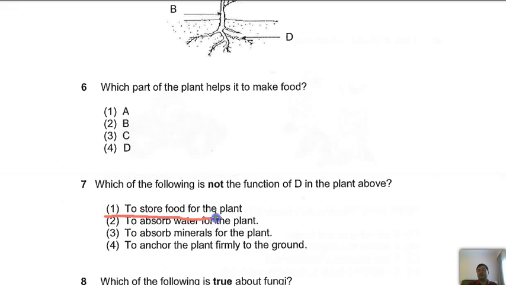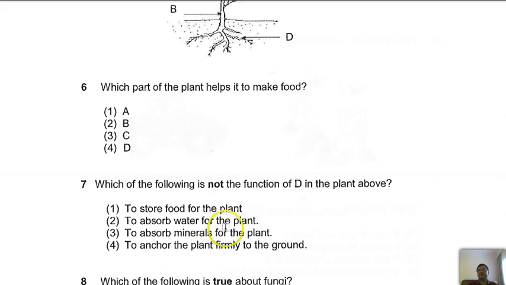Although some plants do store food, it is not the main function of roots. Remember, these three are the main functions of roots: absorb water, absorb minerals, and anchor the plant firmly onto the ground. So this is the best choice to state that it is not the function of the root.